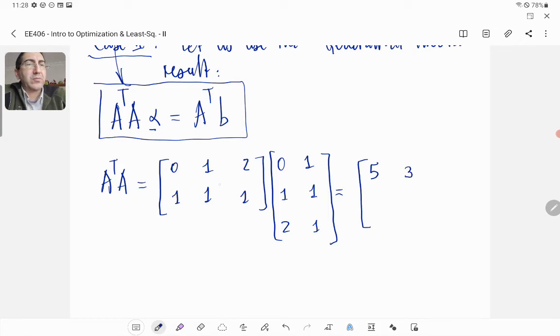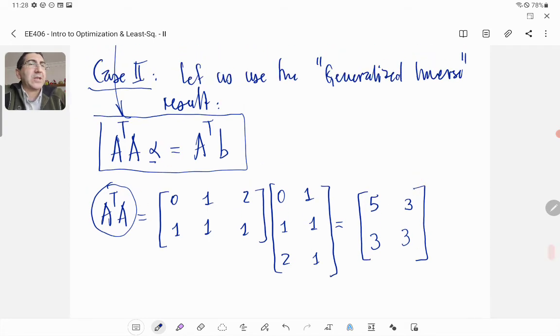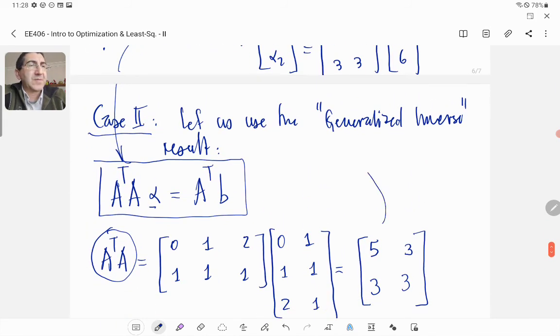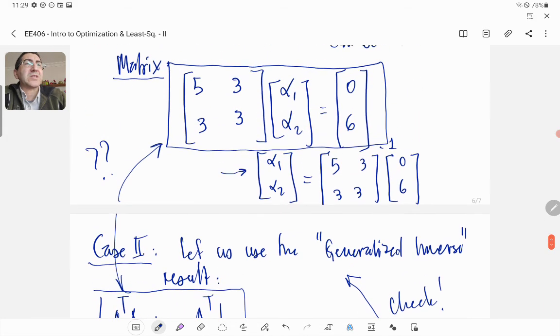On the second row, the second row of the first matrix with the first column of the second matrix: 0 times 1, 1 times 1, 1 times 2, again another 3 here. And similarly 1 plus 1 plus 1, another 3 here. So you see A transpose A is 5, 3, 3, 3. If you look back here, it's nothing but this matrix. So check, you get the same matrix.